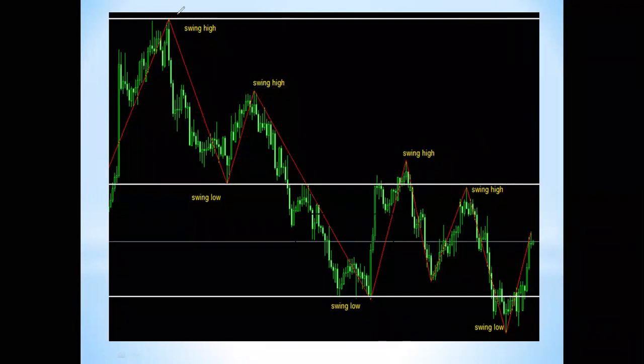A swing high is essentially what would look like an A top, so A top and A top, and then a swing low is a V bottom, or a W formation. See, this is a nice W formation, and this is also a W formation, and this is a V bottom. So these are essentially swing highs and swing lows.